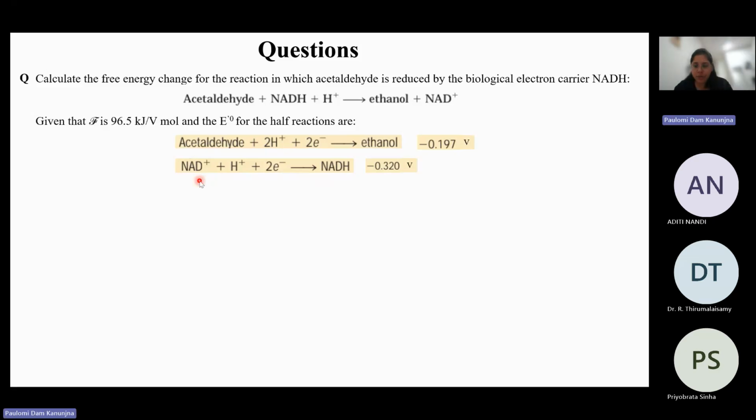If it doesn't make sense, we'll do it. But if you have looked into the notes, you would be able to do it.